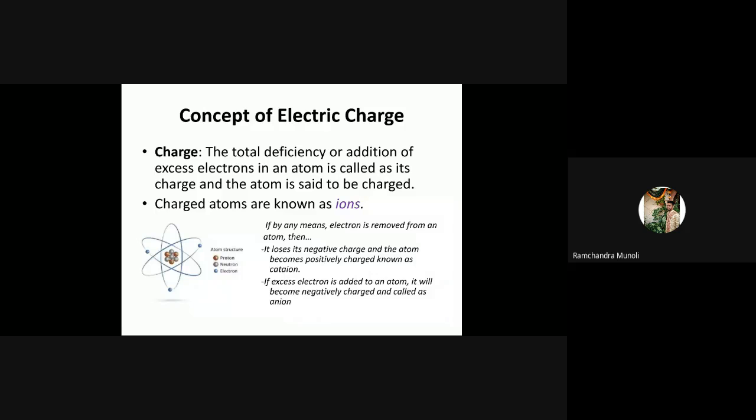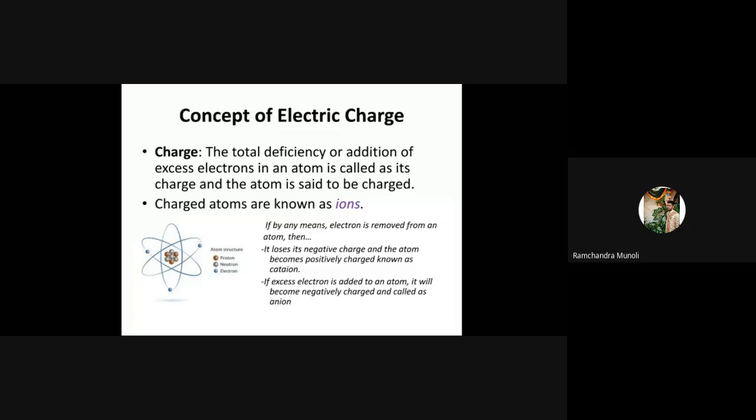Now if by any means an electron is removed, it loses its negative charge. The negative charge that used to balance the atom is gone, so it becomes positively charged and it is known as a cation.